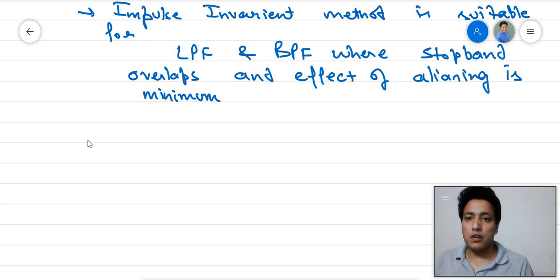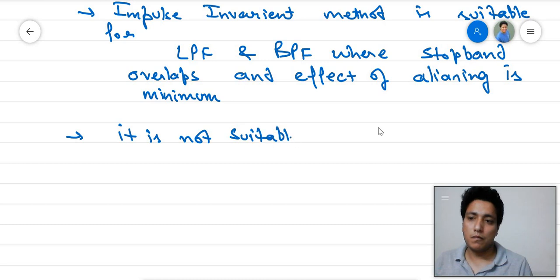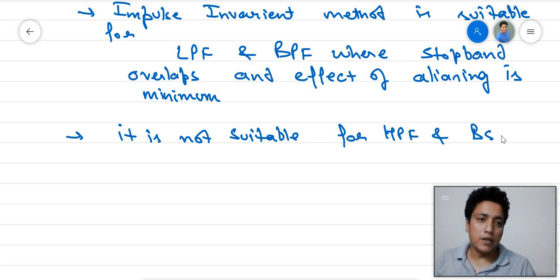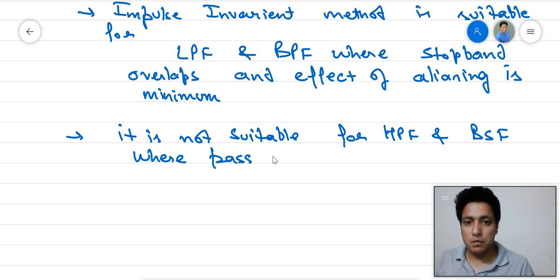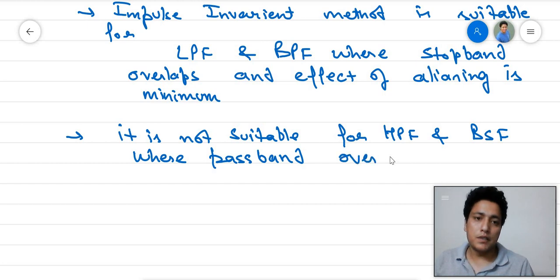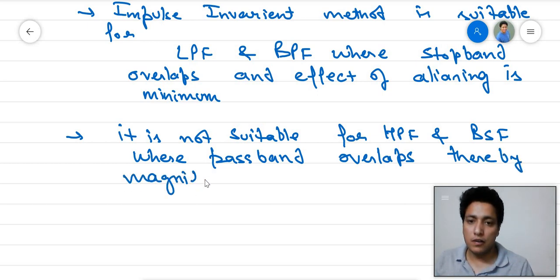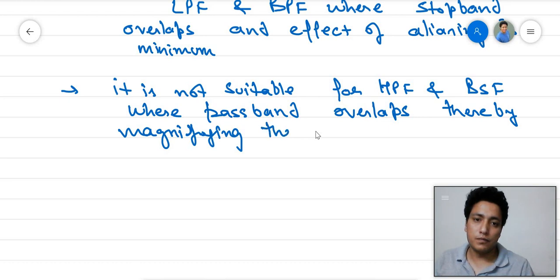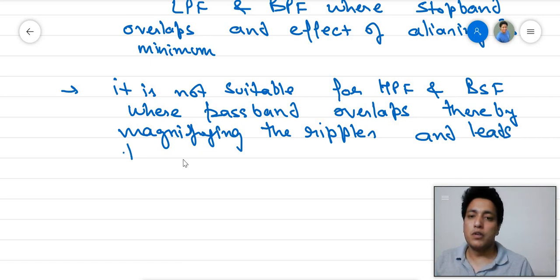It is not suitable for high pass filters and band stop filters, where pass band overlaps, thereby magnifying the ripples and leading to distortion.